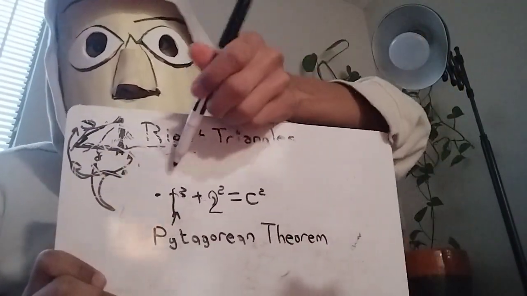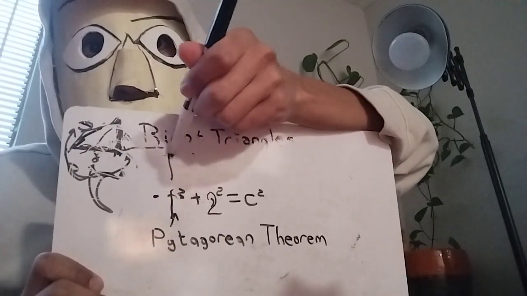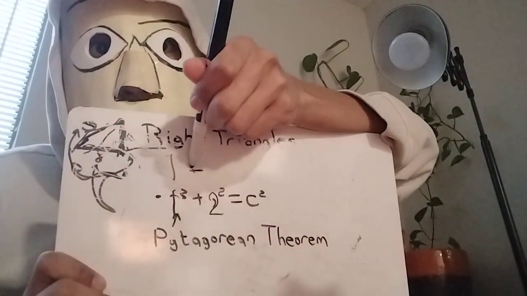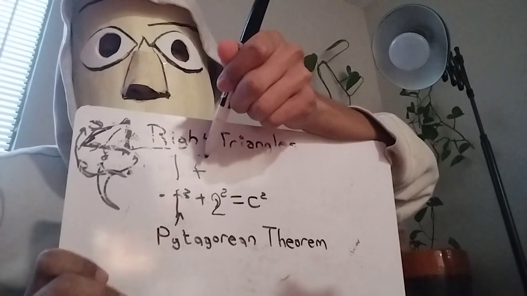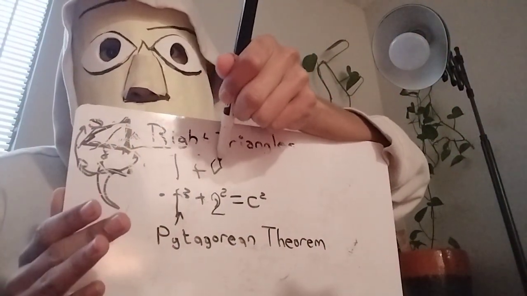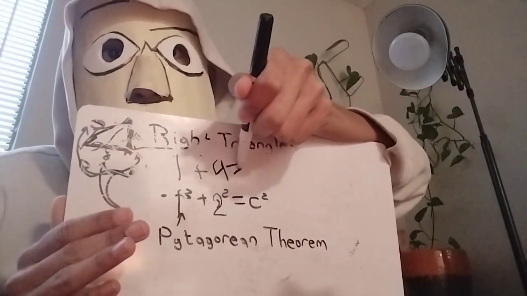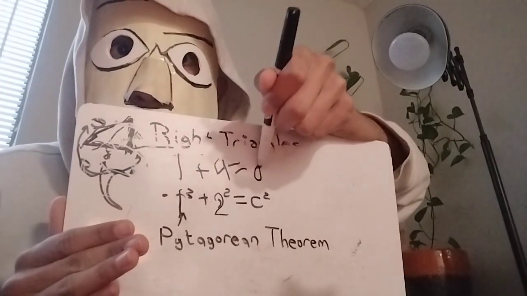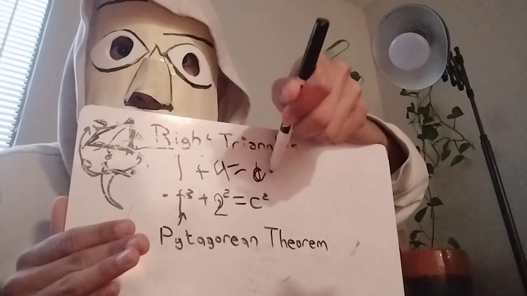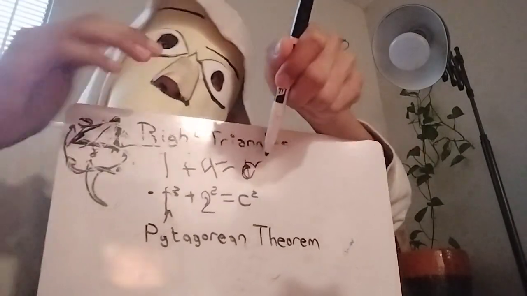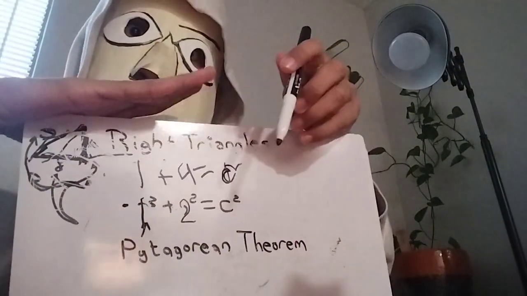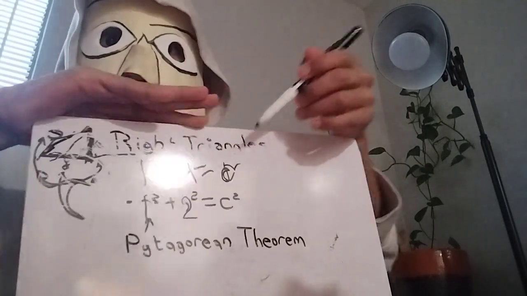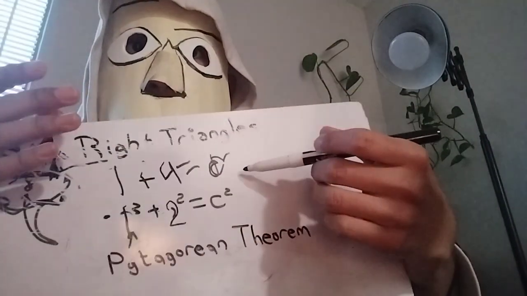To solve this, we find 1 squared, which is 1. 1 times 1 is 1, plus 2 squared, 2 times 2 would be 4, is equal to c squared, or 5. But remember, 5 equals c squared, not c, not the length of this.